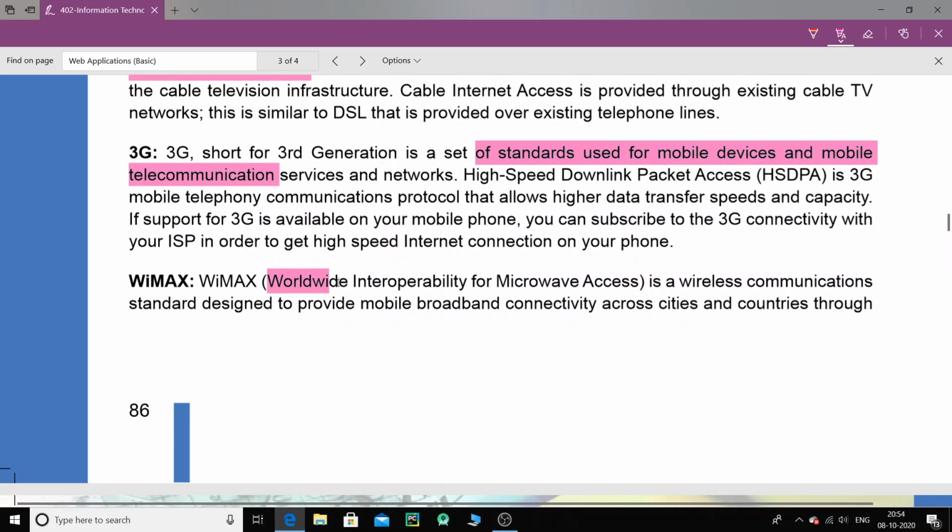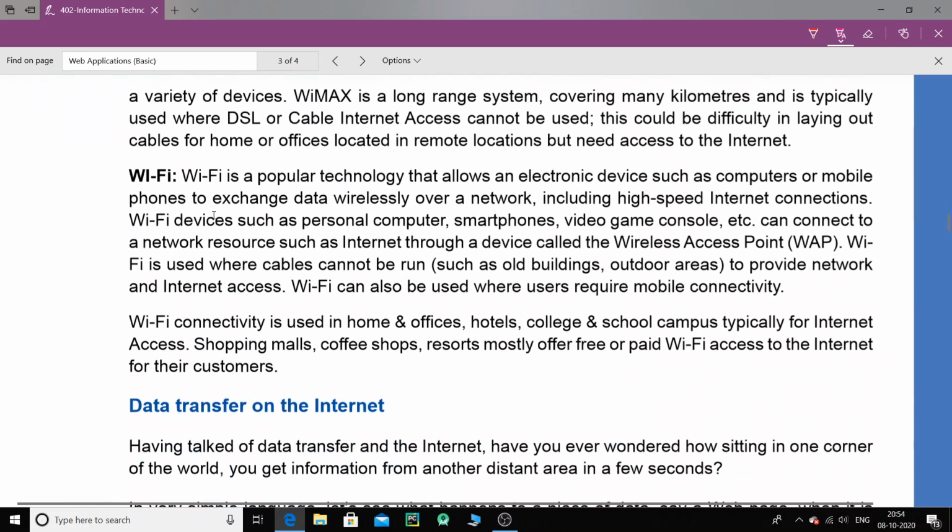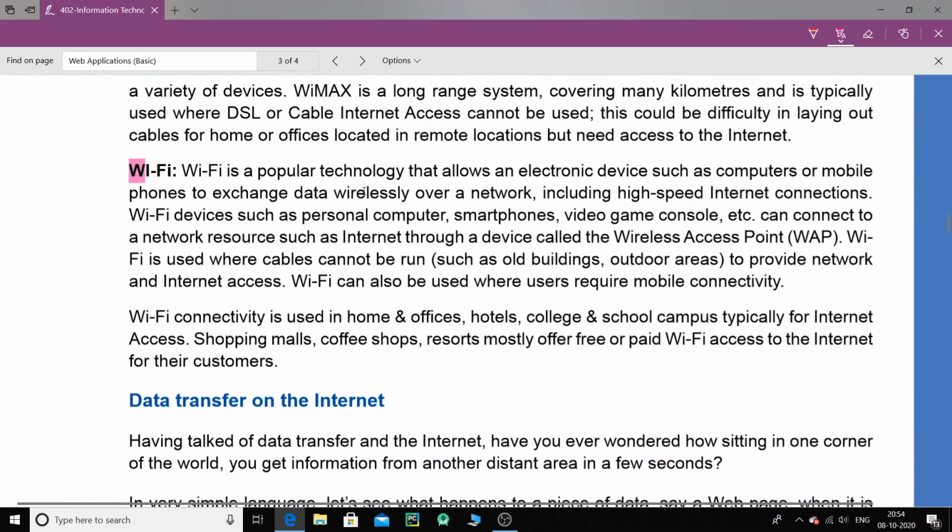WiMAX is called worldwide interoperability for microwave access. And then we have Wi-Fi, which everybody is aware of, and we require a device for that, that is called a wireless access point, that is WAP.